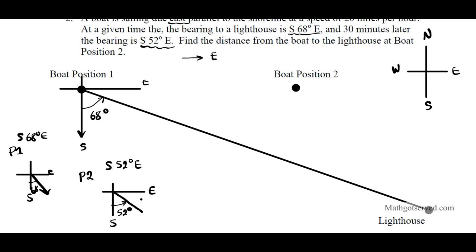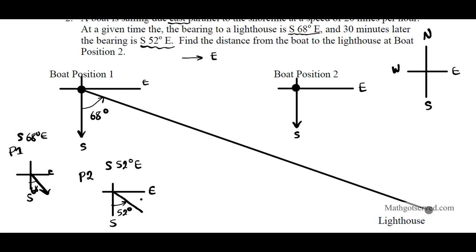So here we're going to draw our four cardinal points again, exaggerating the two cardinal points that are indicated in the question, namely the south and the east. So this is the south right here, and this is the east. The bearing from the boat position to the lighthouse is 52 degrees to the east, starting from the southern direction.